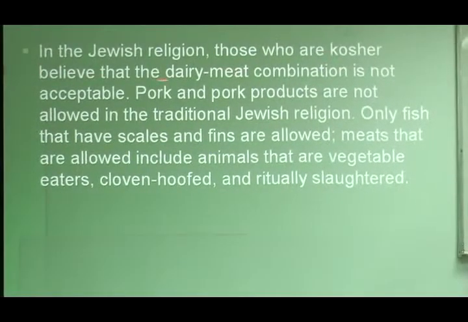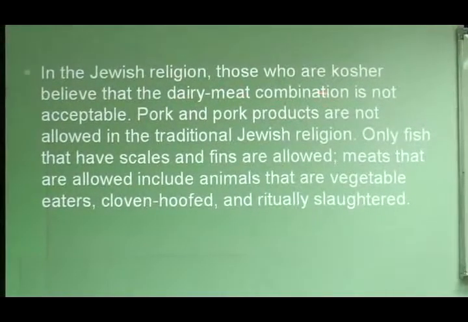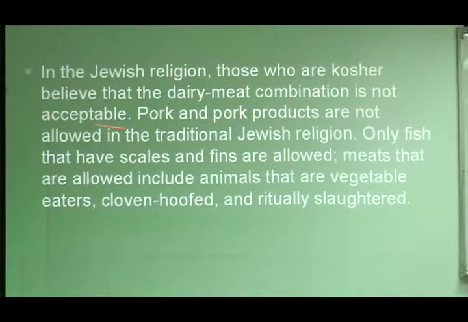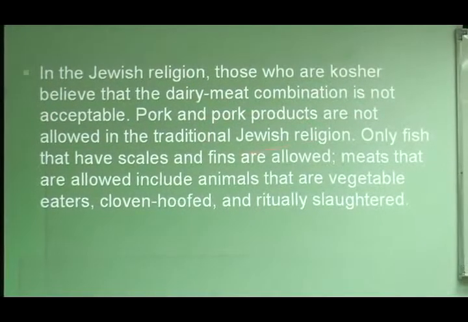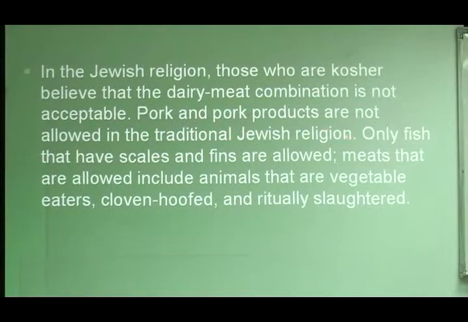In the Jewish religion, those who follow the kosher diet believe that dairy and meat combination is not allowed. Pork and pork products are not allowed in the traditional Jewish religion. Only fish that have scales and fins are allowed. Meats that are allowed include animals that are vegetable eaters.